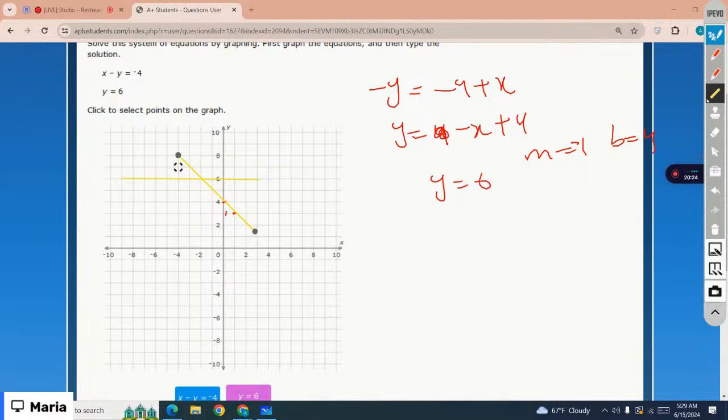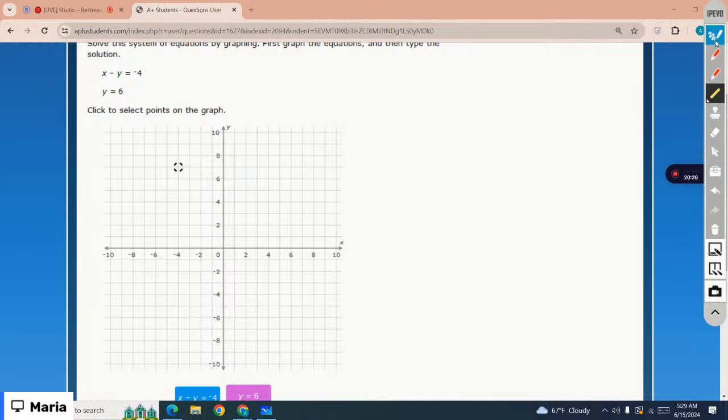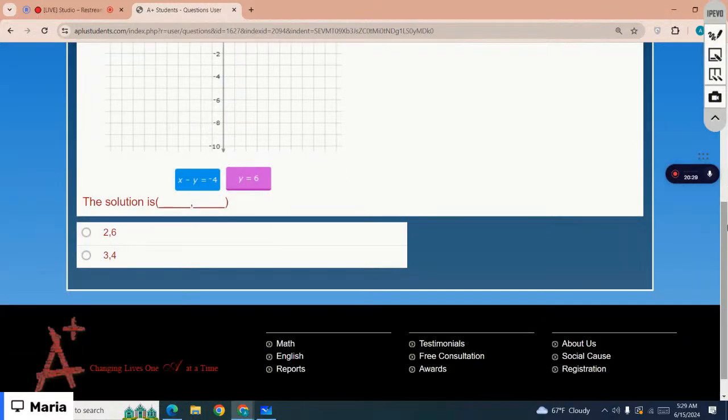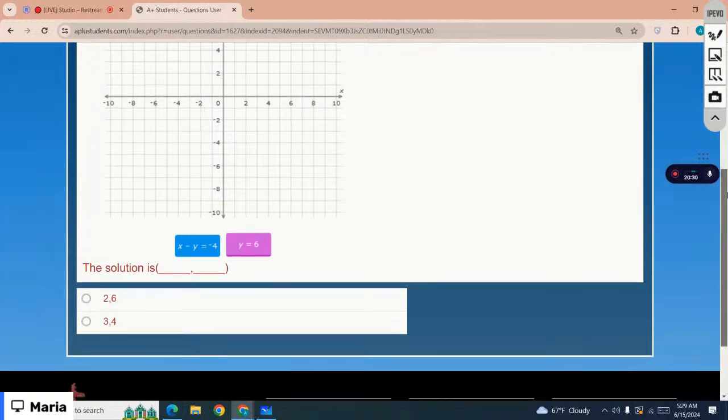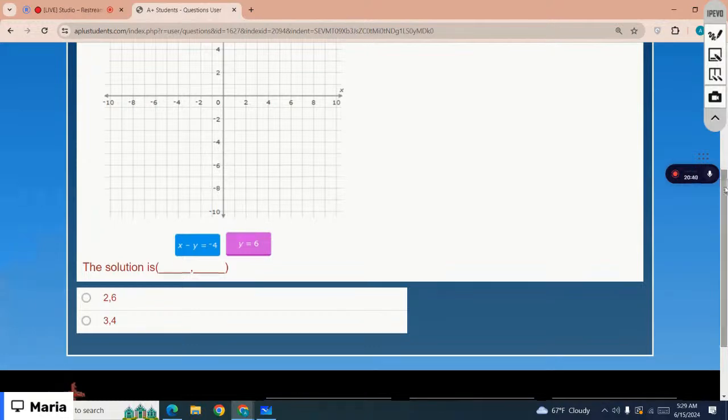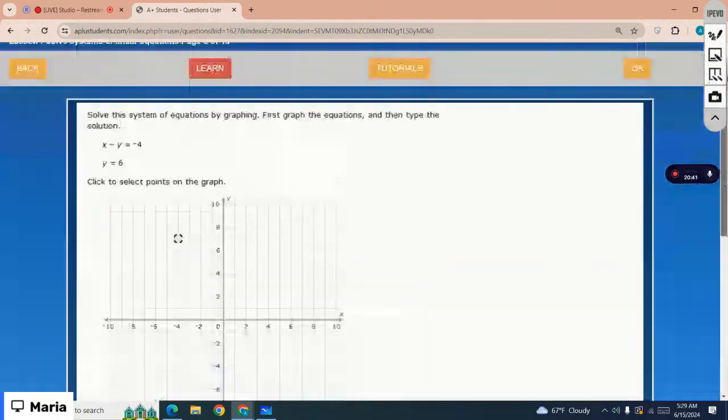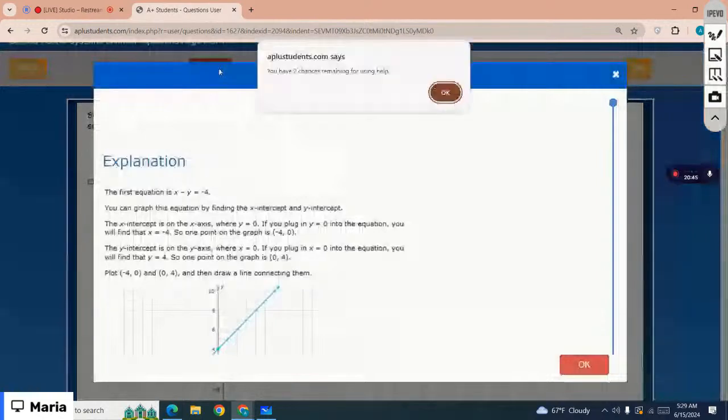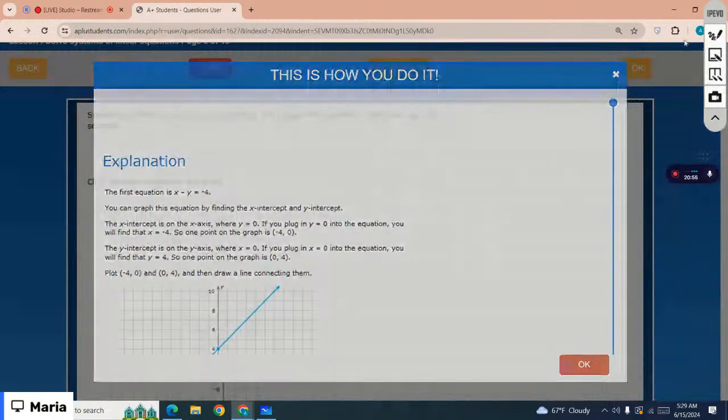The correct option is... why 2 and 6? Okay, let's just calculate their x-intercepts and the y-intercepts, right?